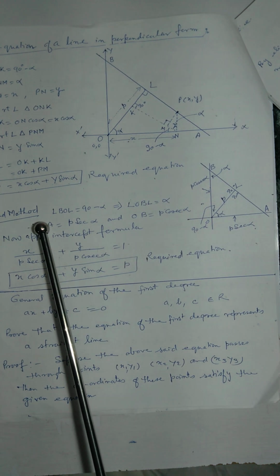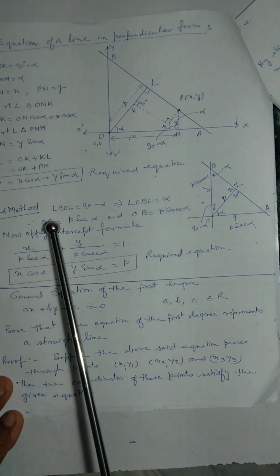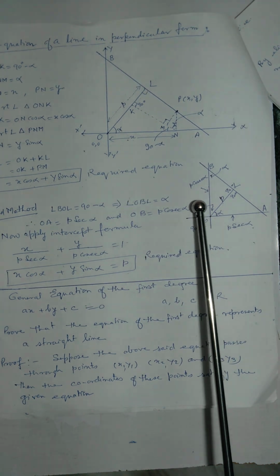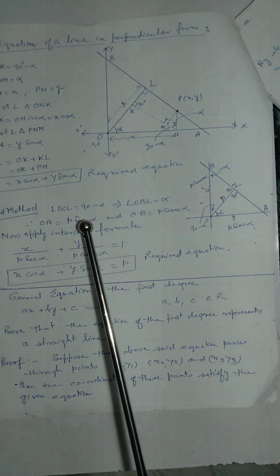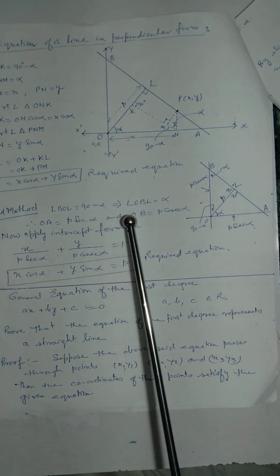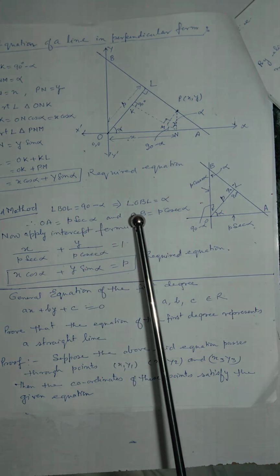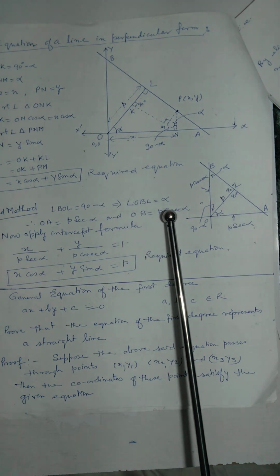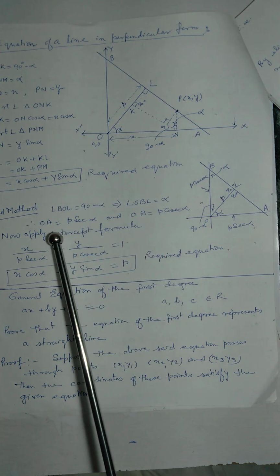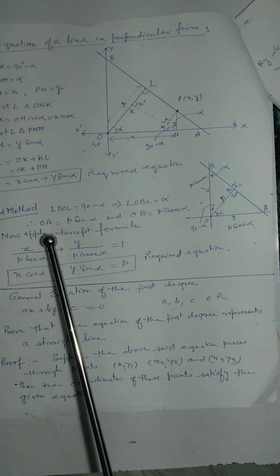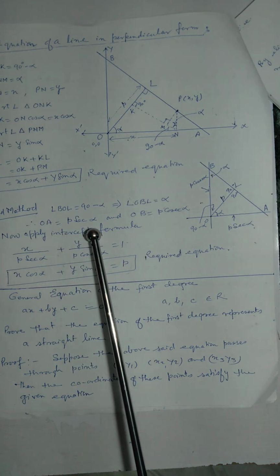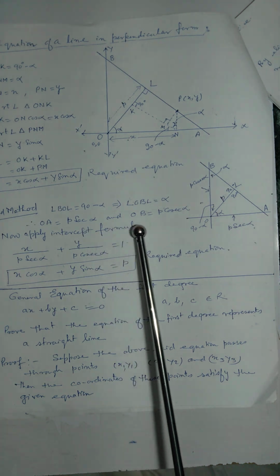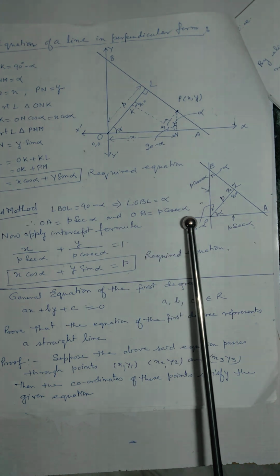The second method is, you see I have written here, angle BOL is 90 minus alpha. This gives you the angle OBL is alpha, and OA is equal to p sec alpha and OB is equal to p cosec alpha.